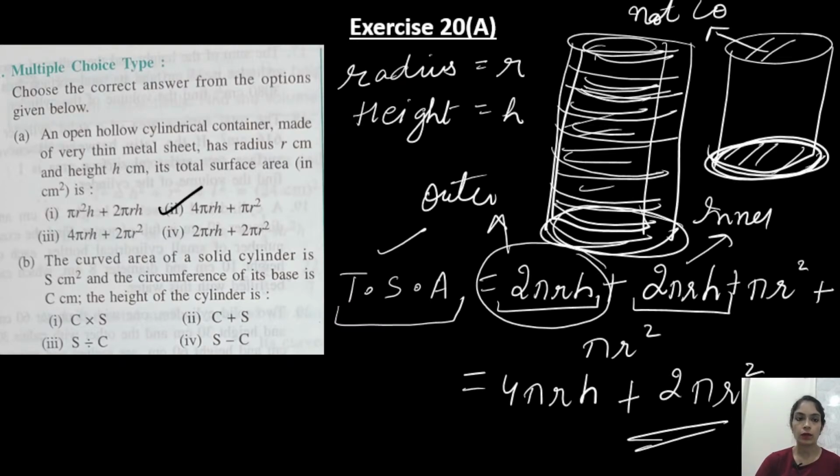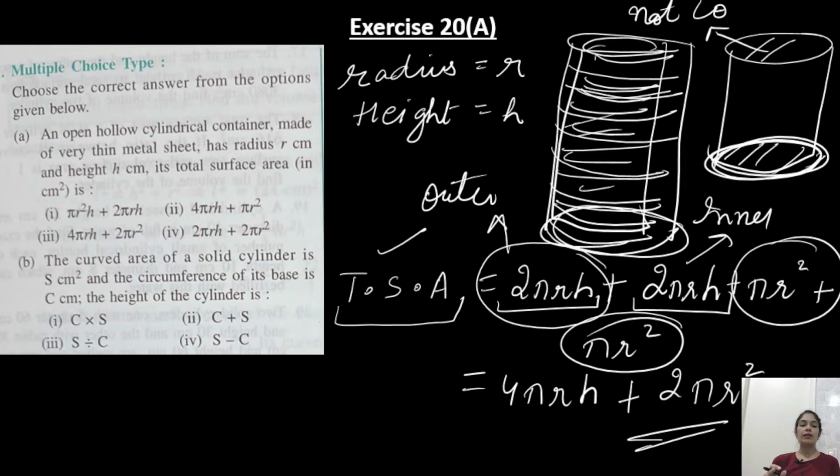So this is the answer, not option B. So which option will be the answer then? No, I just made one mistake. The circle, this cross section area, is also two times. Whichever surface we can see, if you peep into the bottle, you will see it. So the third option is the answer: 4 pi rh plus 2 pi r square. Have you understood? Third option, yes.